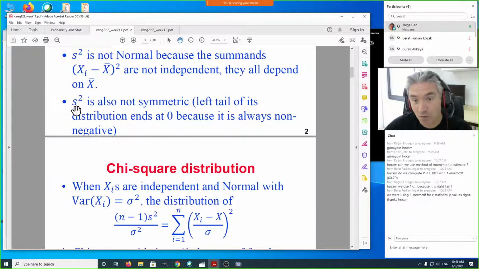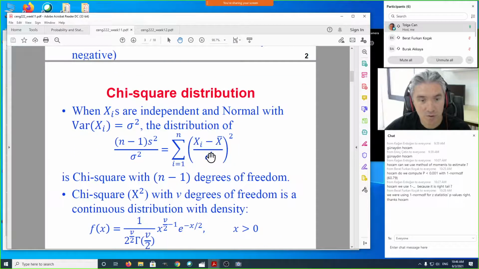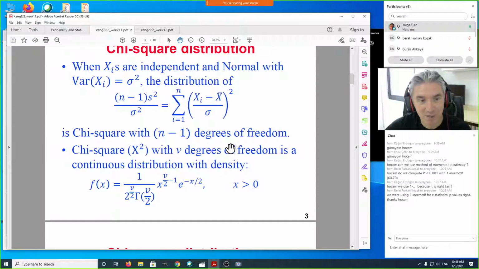The variance is always positive, okay? The distribution starts at 0, it's always non-negative. And that's chi-square distribution. When we have random independent data points, and they are normal, the distribution of sample variance is chi-square with n-1 degrees of freedom.